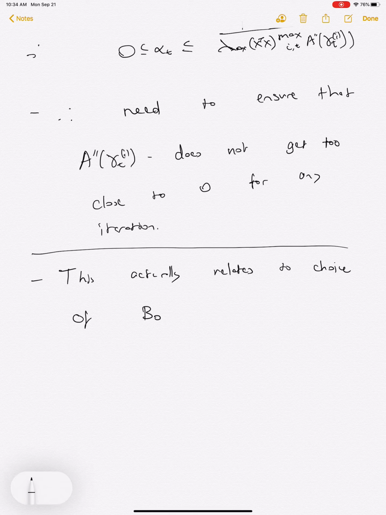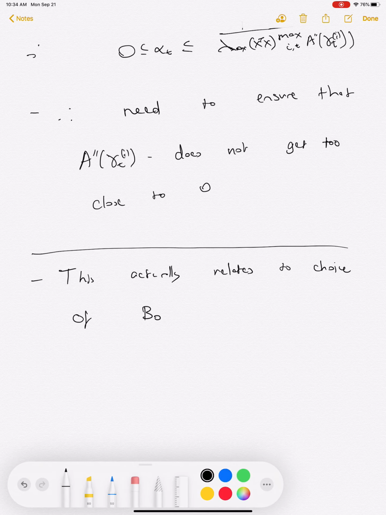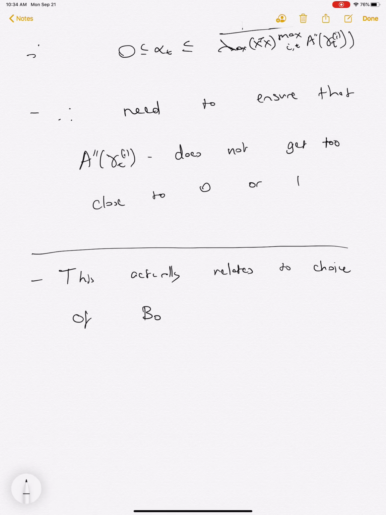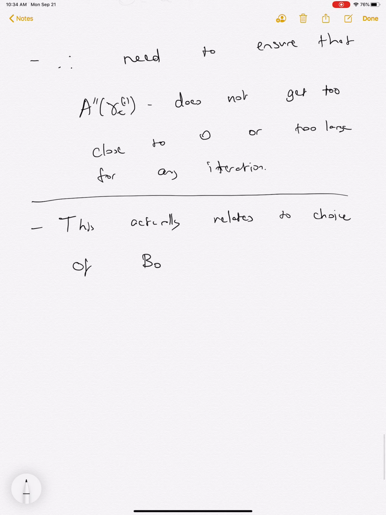I should also say this also relates to the choice of beta_0, which is a starting point.